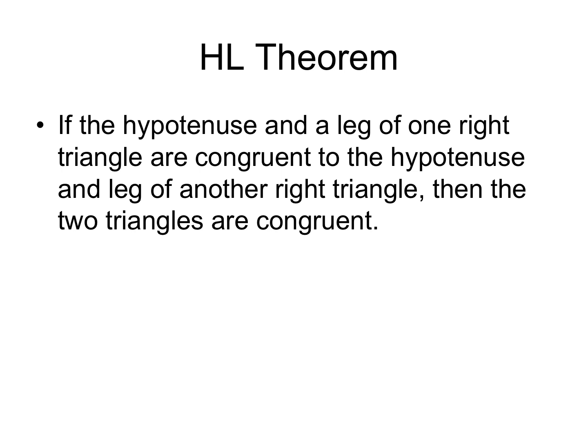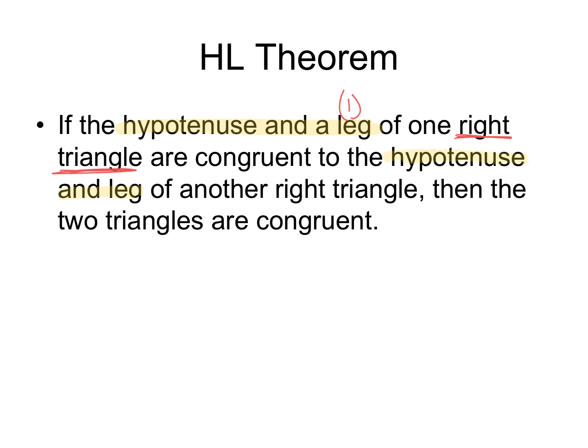Looking at the next one, hypotenuse leg. Let me explain what this is. If the hypotenuse and a leg, keep in mind a leg just means one leg of one right triangle, we're specifically talking about right triangles, are congruent to the hypotenuse and a leg of another.